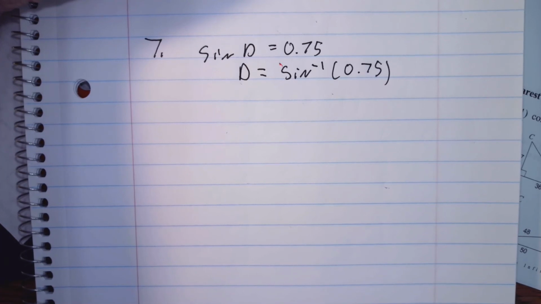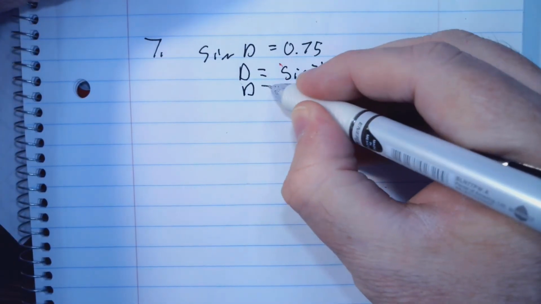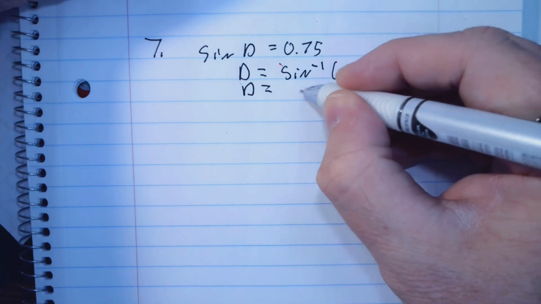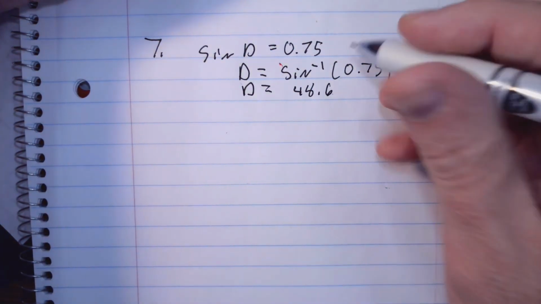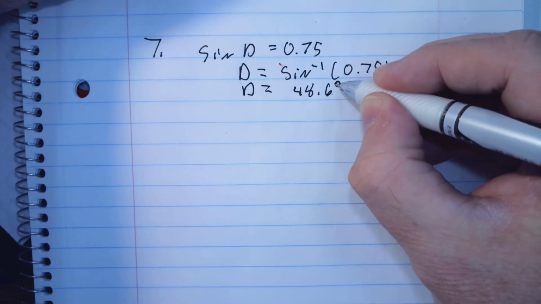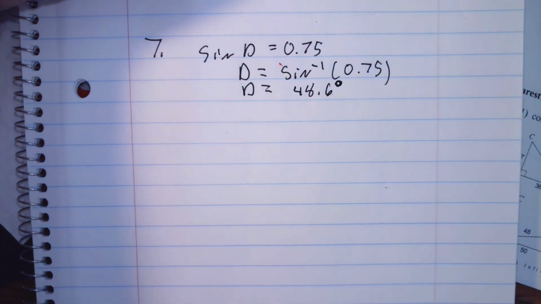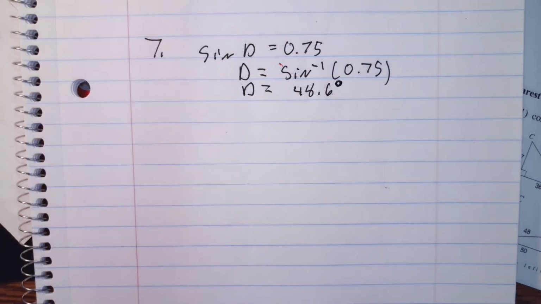Is that it? Yeah, that's it. So see if you can get D equals 48.6 rounded. Of course, I need to put degrees. Okay, don't make 7 hard.